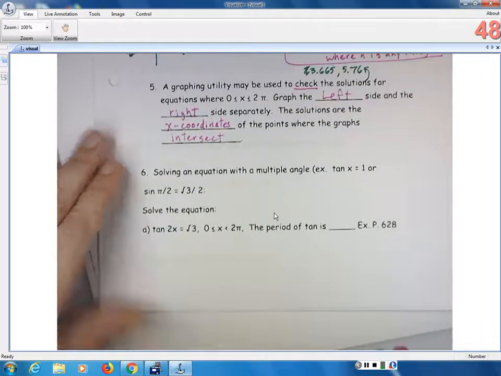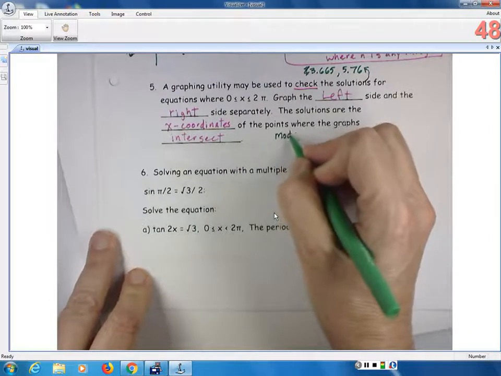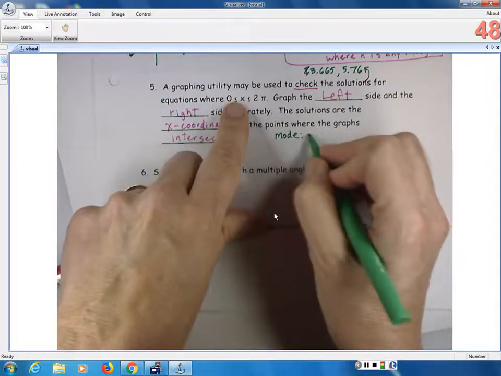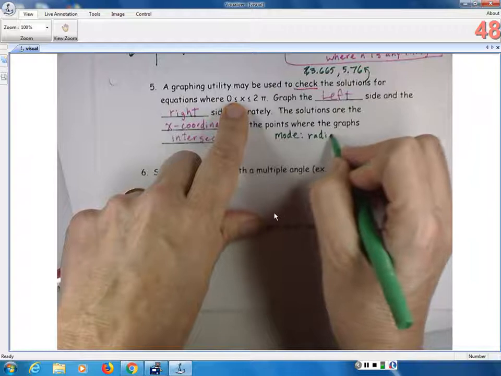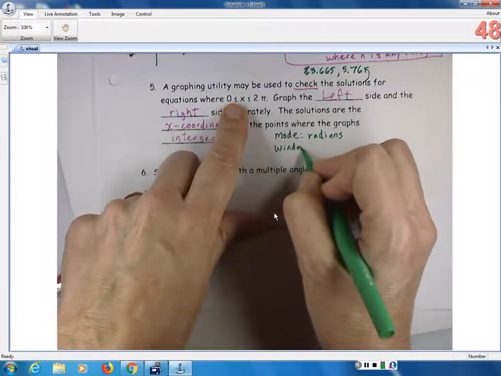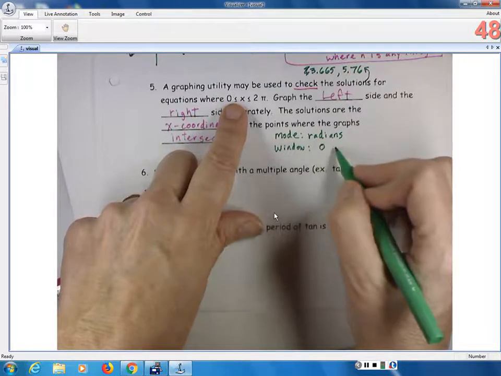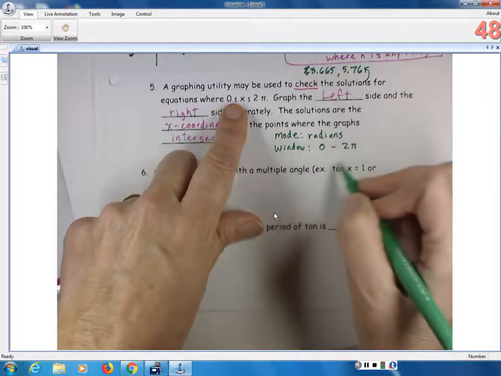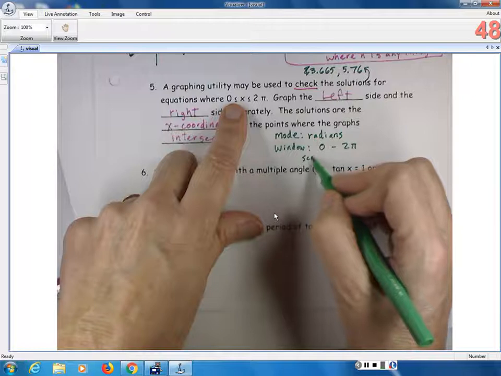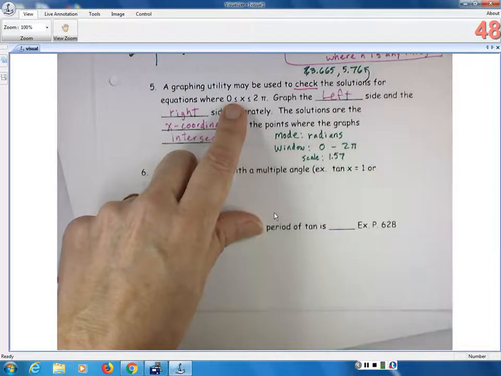So the mode had to be in radians, and we had to change our window, and I changed my window to go from 0 to 2 pi, and I made my scale 1.57 because I remembered that was pi over 2 approximately.